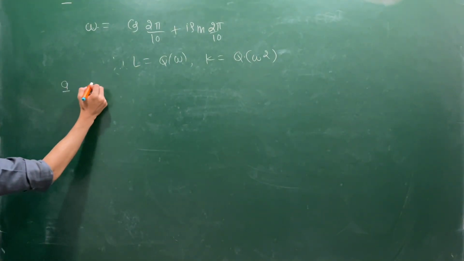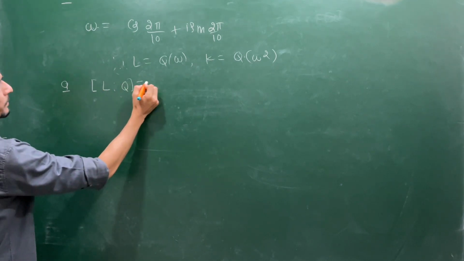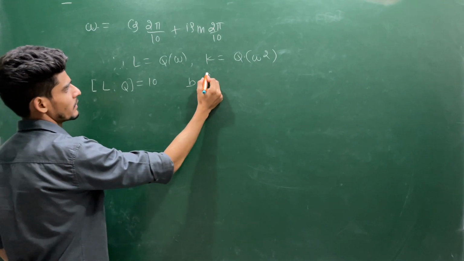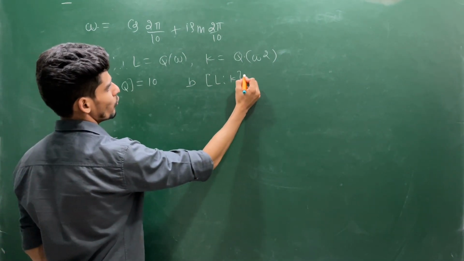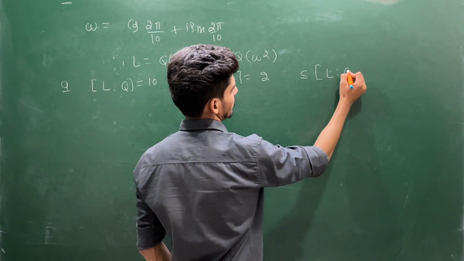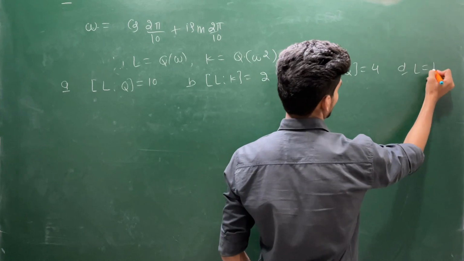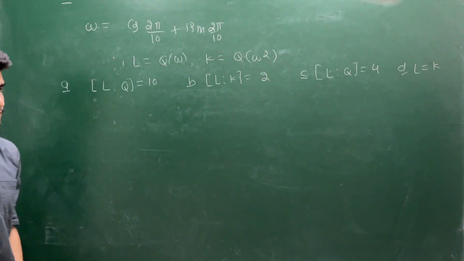Option A, degree of L over Q is 10. Option B, degree of L over K is 2. Option C, degree of L over Q is 4. Option D, L and K both are the same extension.